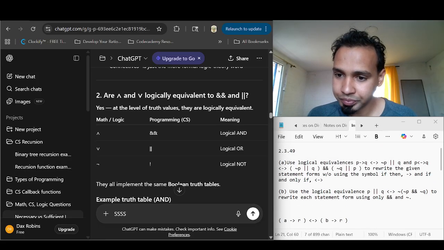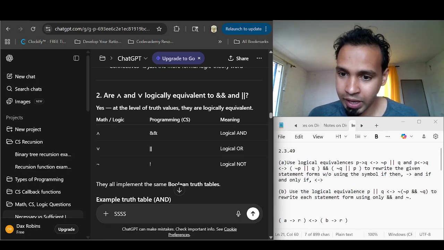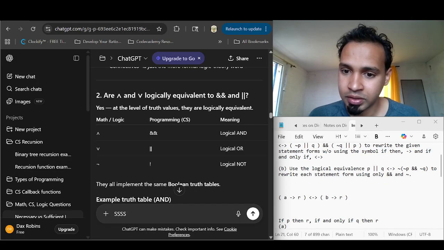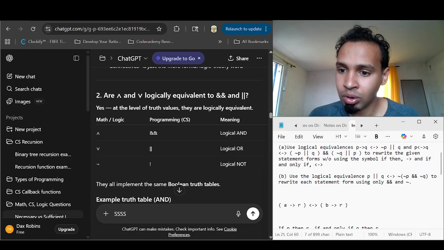So here's the problem. There's an A and B, and the statements are saying: use logical equivalences. If P then Q is equivalent to not P or Q, and P if and only if Q is equivalent to (not P or Q) and (not Q or P).